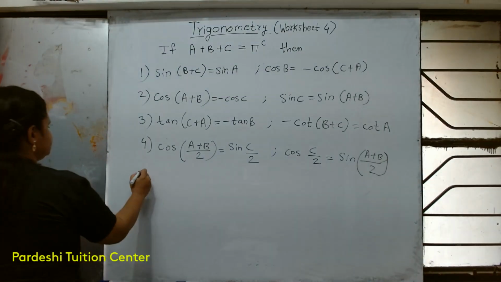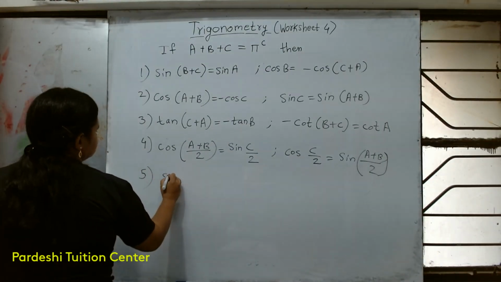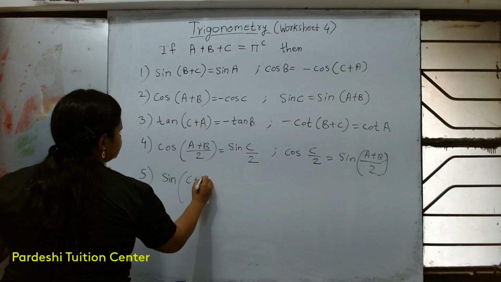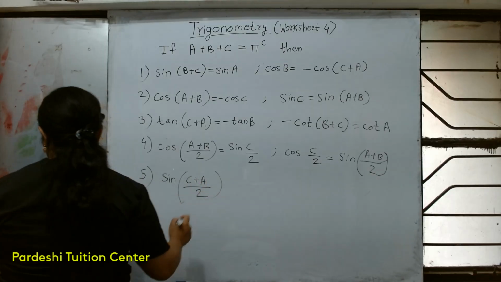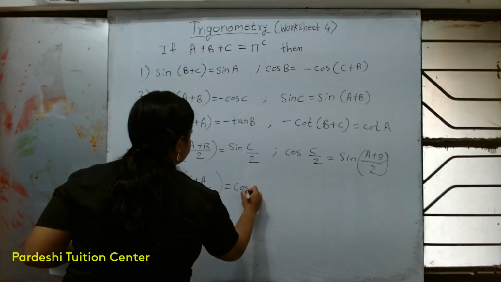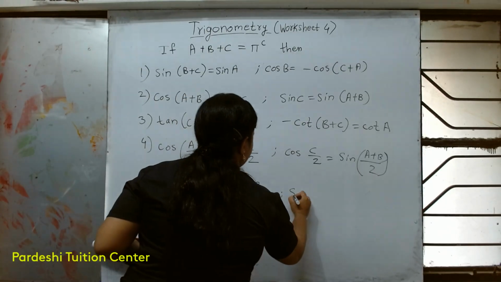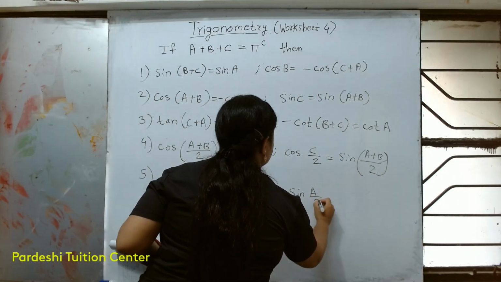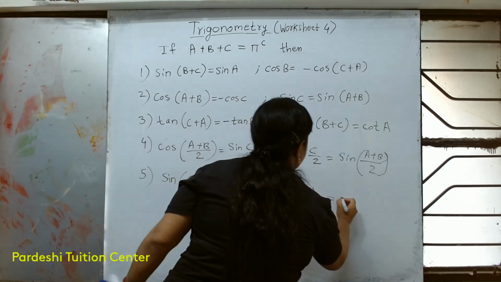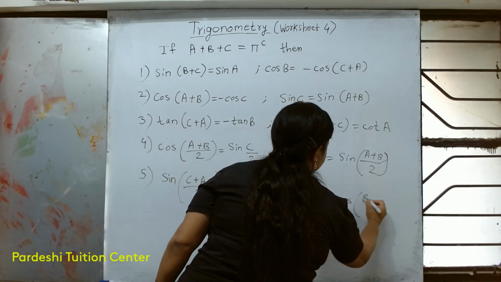Now fifth one is sin of (C plus A)/2 equals cos B/2, and sin A/2 equals cos of (B plus C)/2.